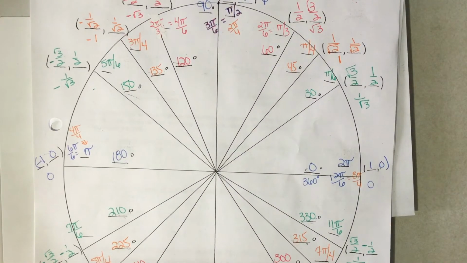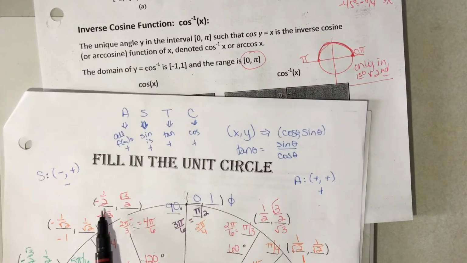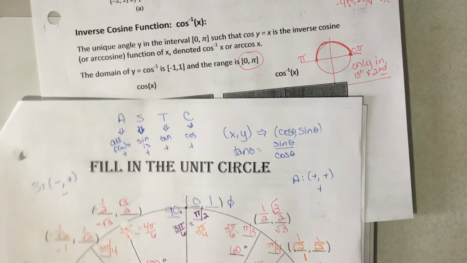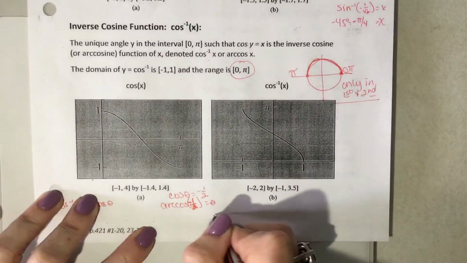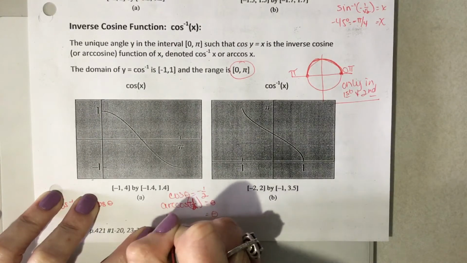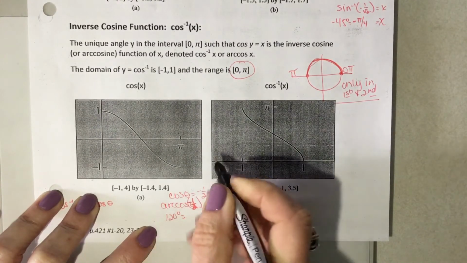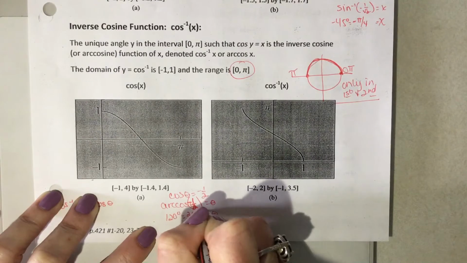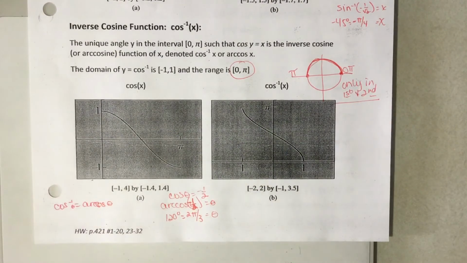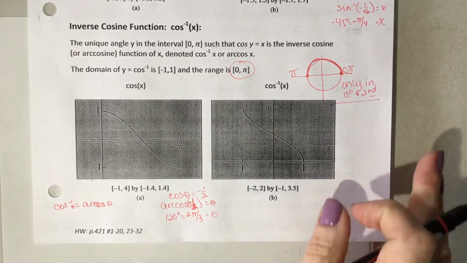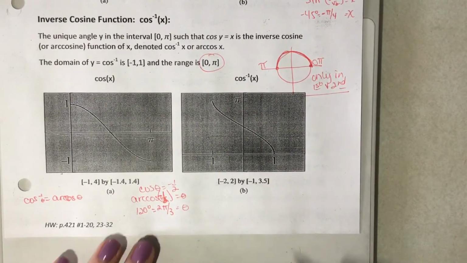Can I have the third quadrant? Nope, I can only have the second quadrant. So therefore, theta is 120 degrees, which is the same thing as 2 pi over 3.